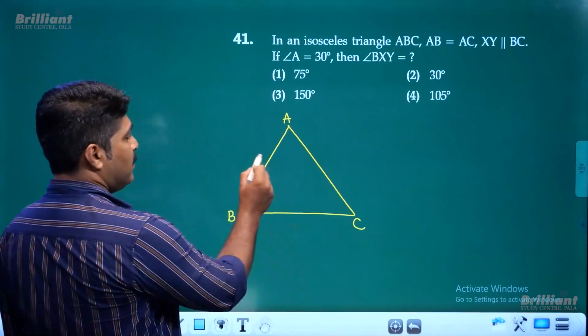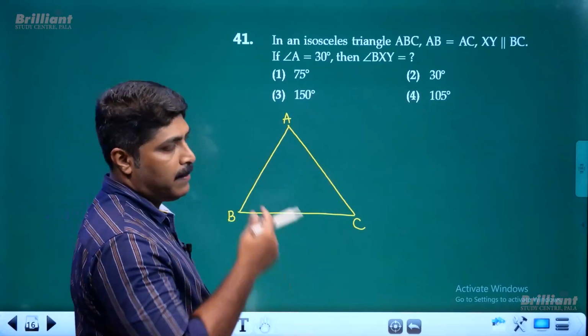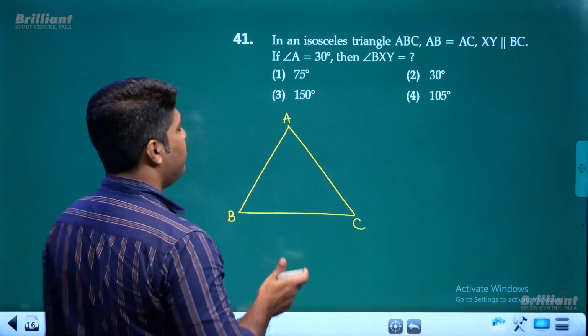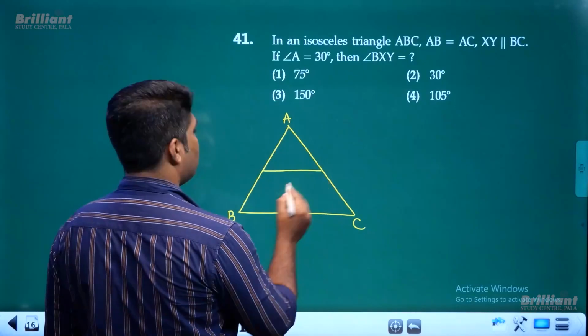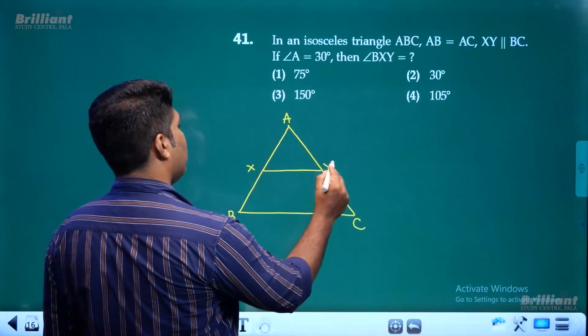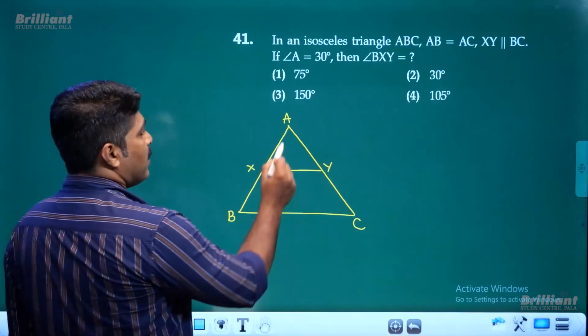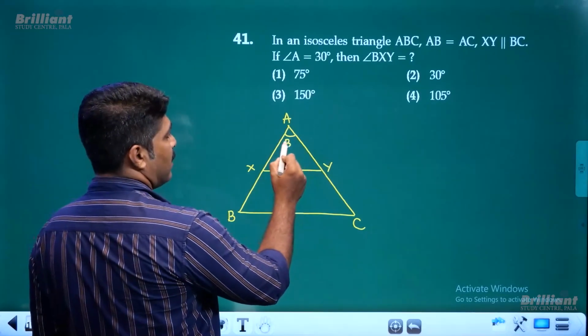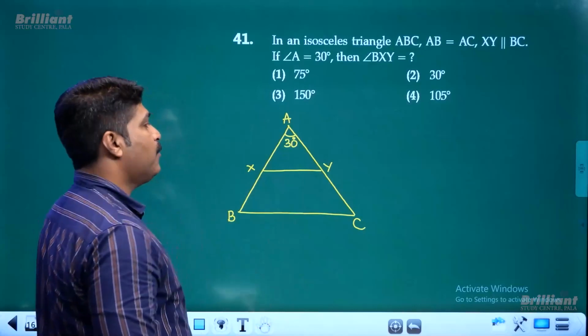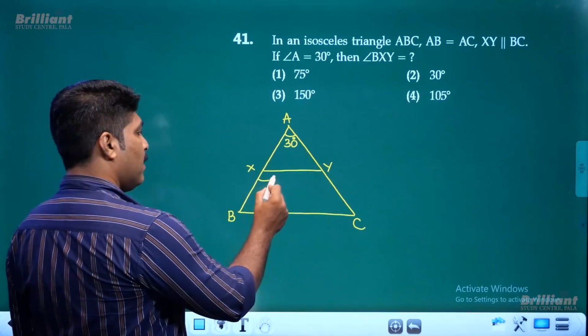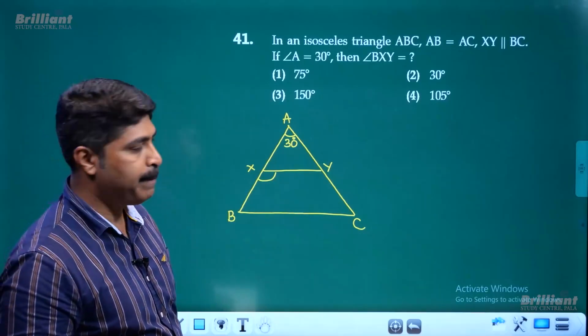AB equal to AC. These two sides AB and AC are equal. XY parallel to BC. So simply draw a parallel line XY that is parallel to BC. Angle A equal to 30 degrees. Then we have to find angle BXY.